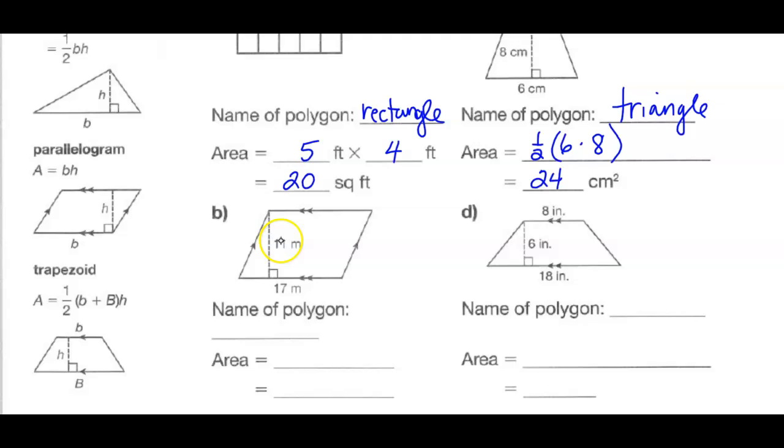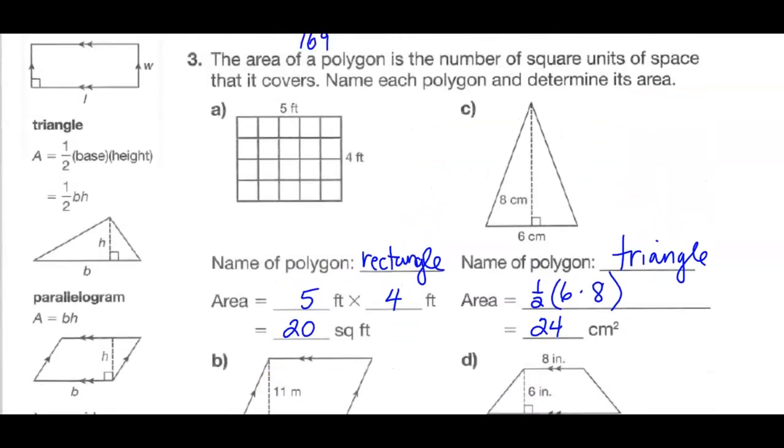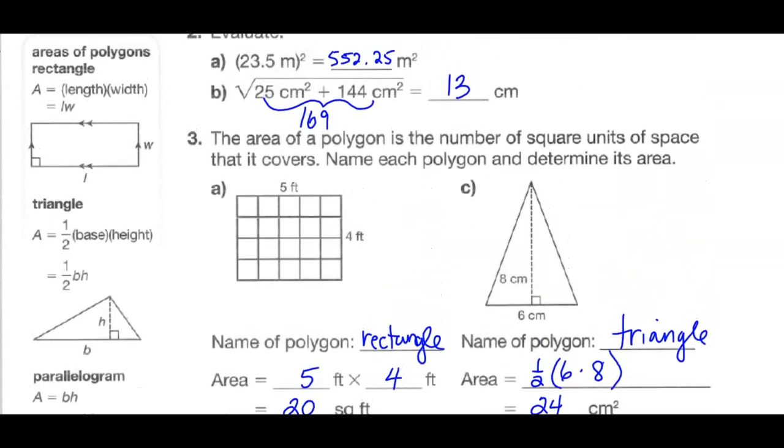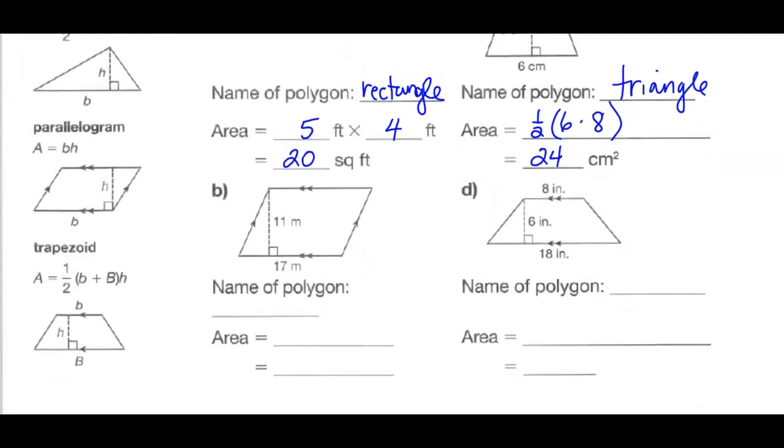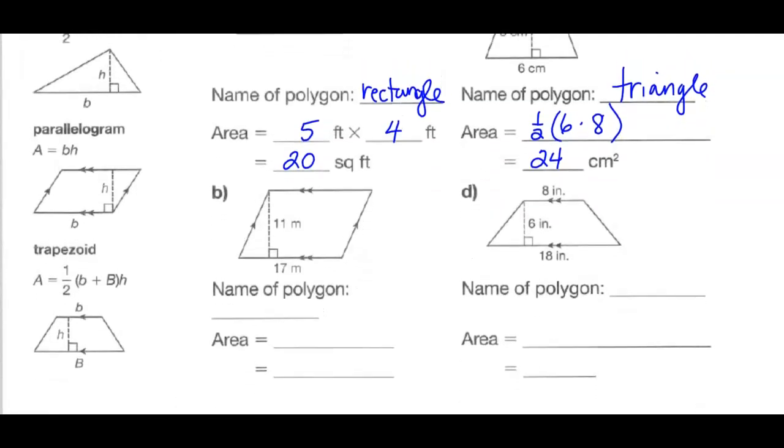Next one, so on the left here on your sheet does have the areas for a rectangle, triangle, parallelogram, trapezoid, in case you forget. So the next one's a parallelogram. And the area is base times height.